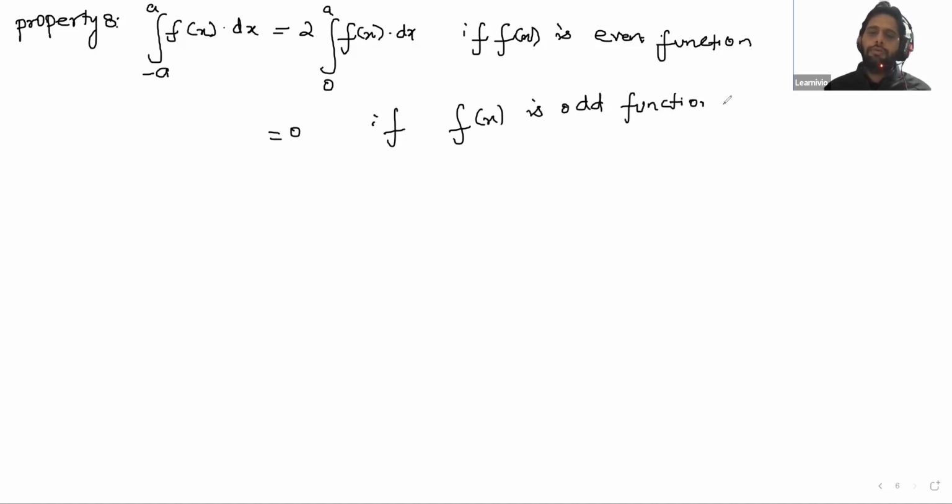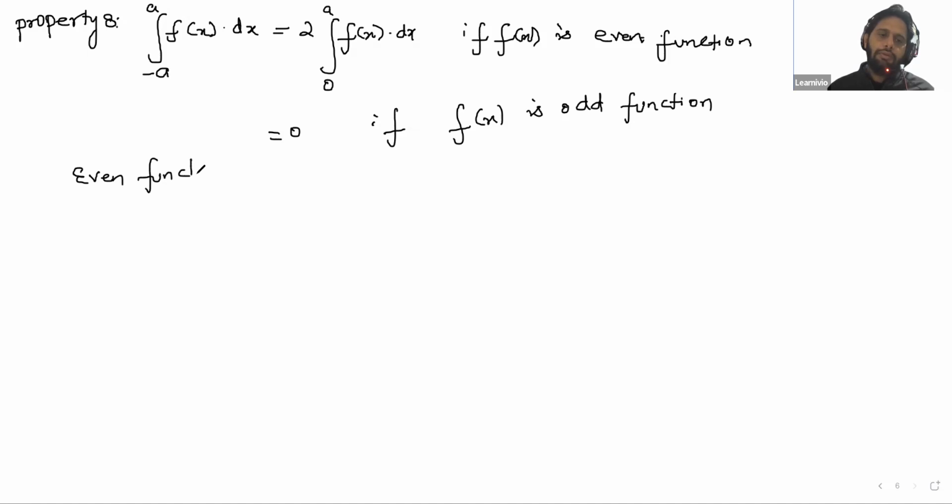Okay, so if we have the integral from minus a to a of f(x) dx, then the formula will be twice the integral from 0 to a of f(x) dx if f(x) is an even function, and this is equal to 0 if f(x) is an odd function. So first of all, we will discuss what an even and odd function is.